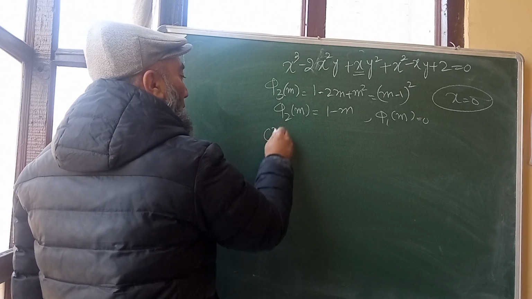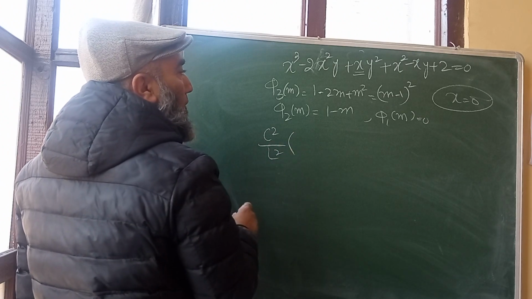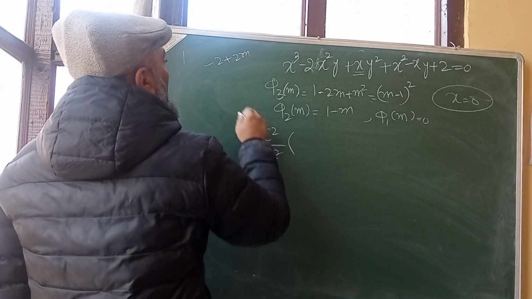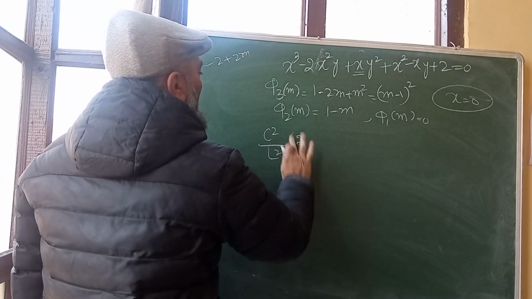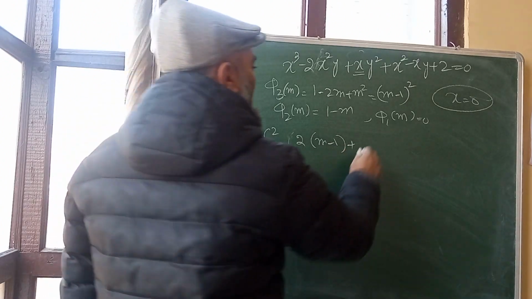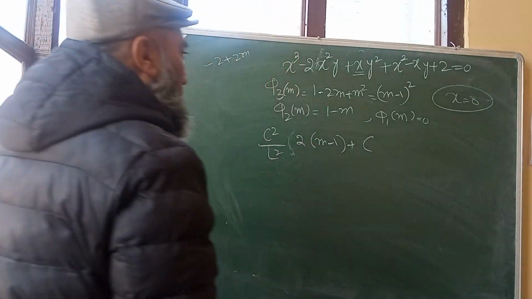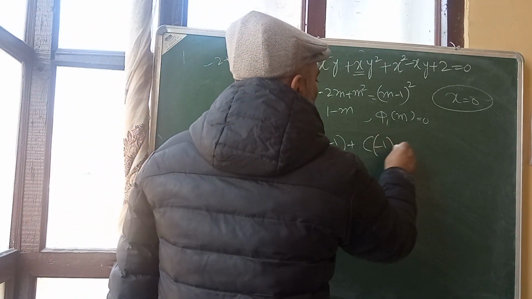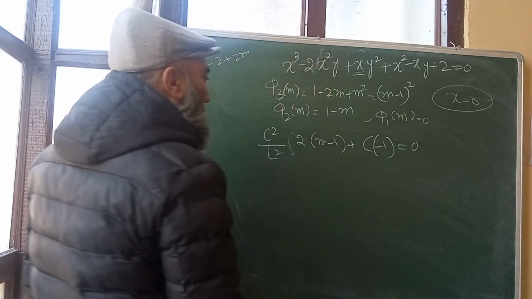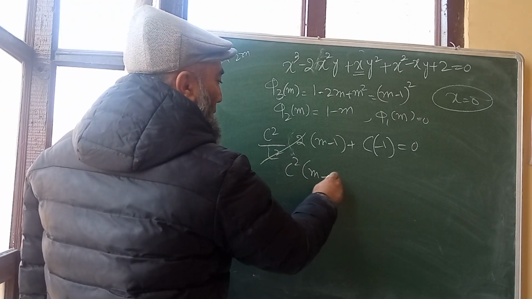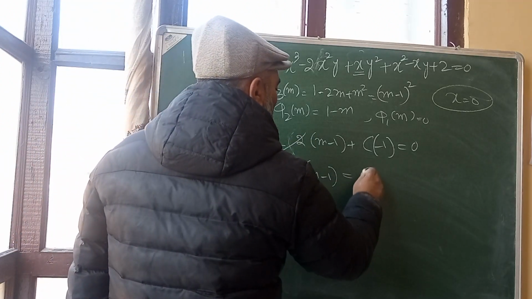So I will write c square by factorial 2, phi 3 double dash, plus c phi 2 dash m, which is minus 1, equals 0 plus phi 1m. So this is very simple.